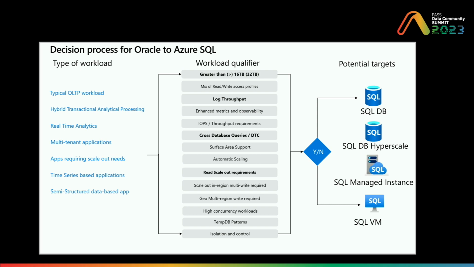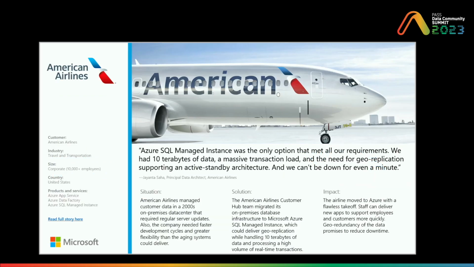Now with that, I'm going to quickly jump to one of the public case studies that we have done with American Airlines. It's a very recent one, where we helped American Airlines migrate their 13 Oracle Exadata appliances from on-prem to SQL MI.